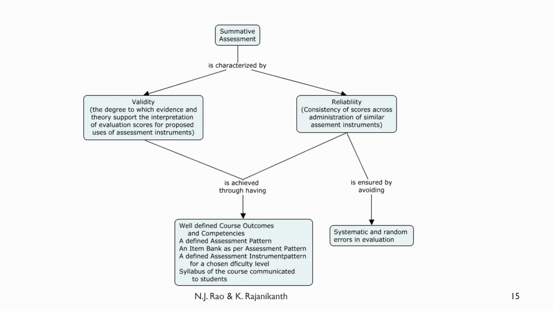In all such cases, systematic and random errors can come into the picture. And if these are avoided, then both validity and reliability can be achieved by satisfying these factors.